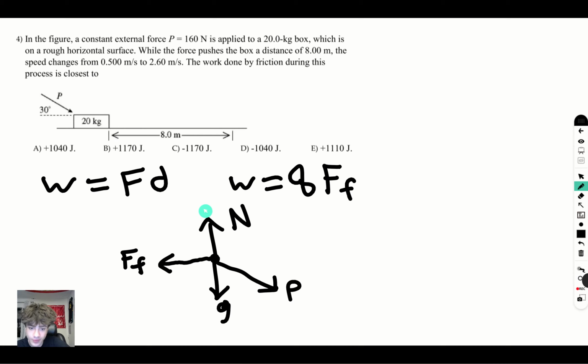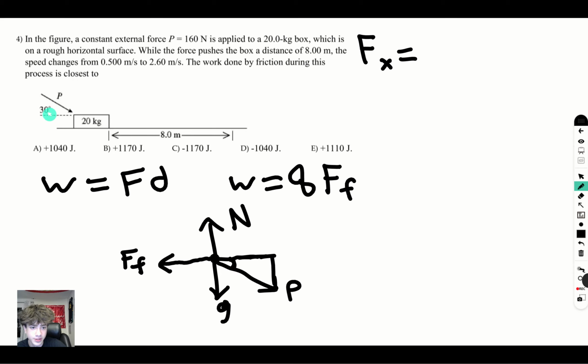So let's write out our net force equation in the x direction. And we see here that we have two forces that are acting on the block in the x direction. We have the horizontal component of P, which is going to be P cosine theta, because as we can see here, we have an angle theta.